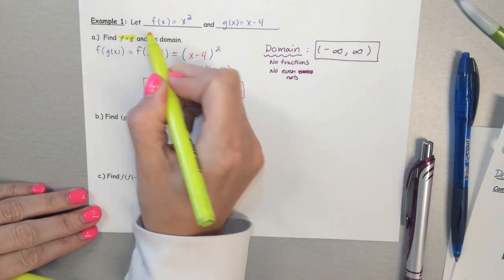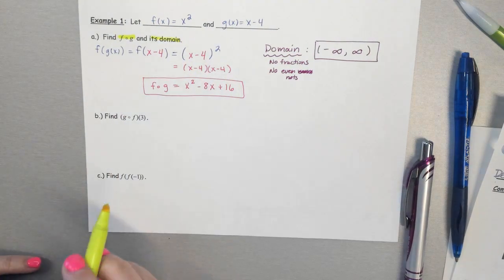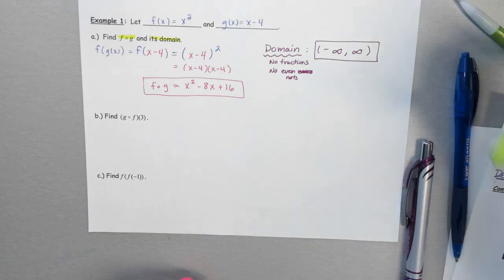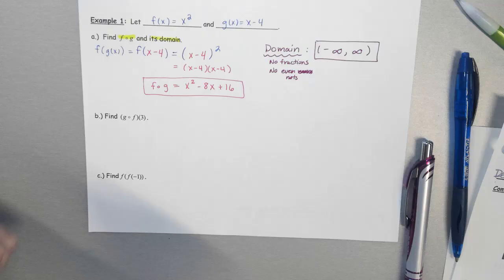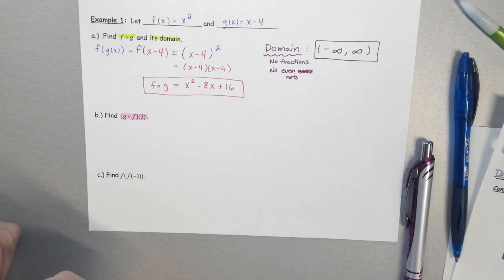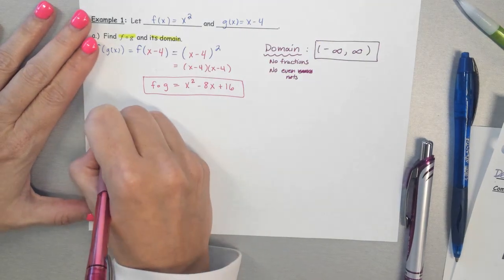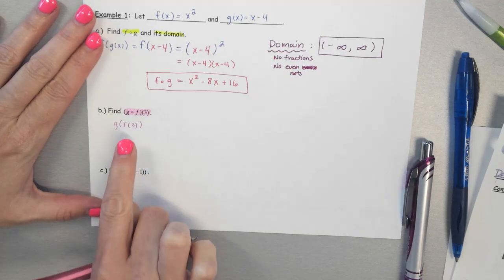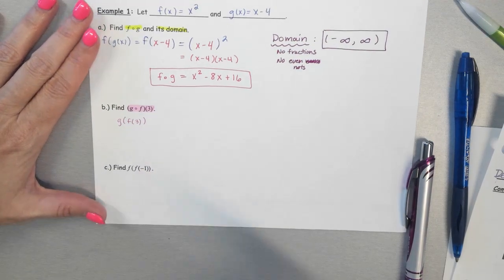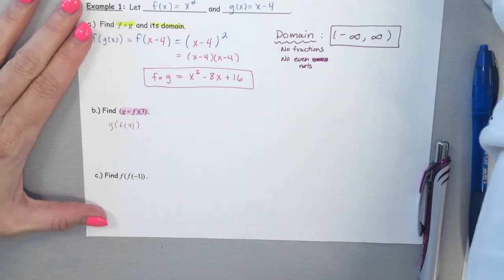All right, so that was f of g and its domain. For b, we just have to find g of f of 3. There are a couple different ways to do this. What I think is the quickest is to think of this as g of f of 3, where you can see f of 3 on the inside there.